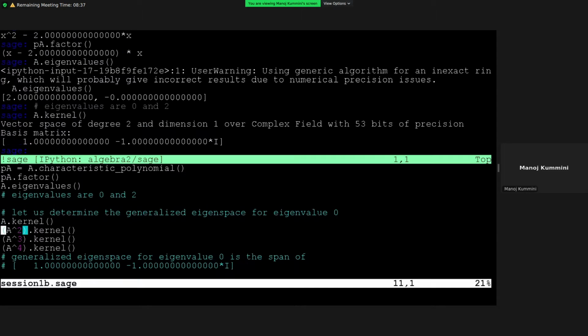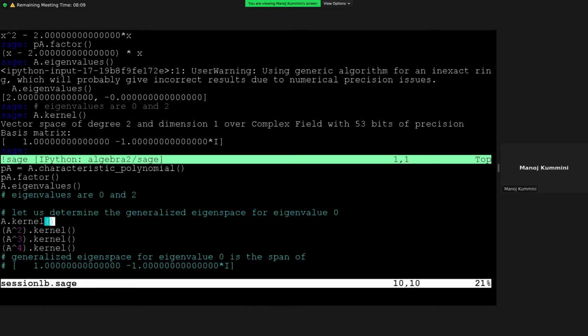Now I want to determine the generalized eigenspace for the eigenvalue 0. We proved that if you have generalized eigenvectors, their linear combination is also a generalized eigenvector for the same eigenvalue. So I'm going to blindly, in the least efficient way, try to determine this.